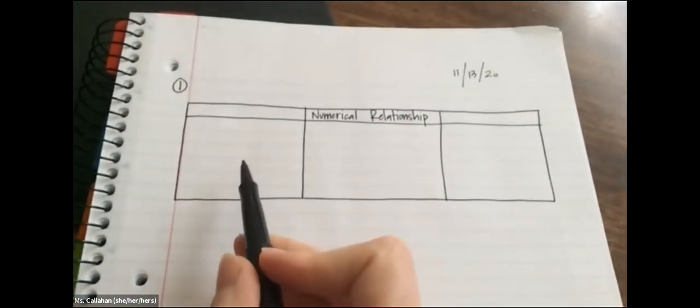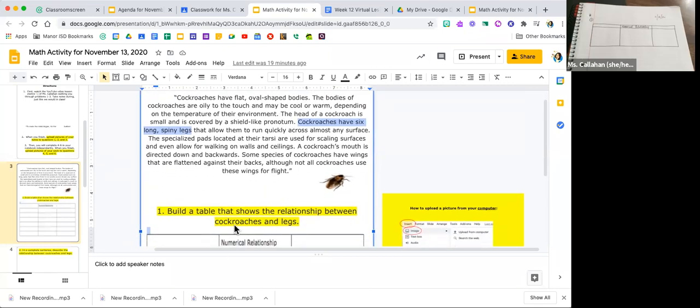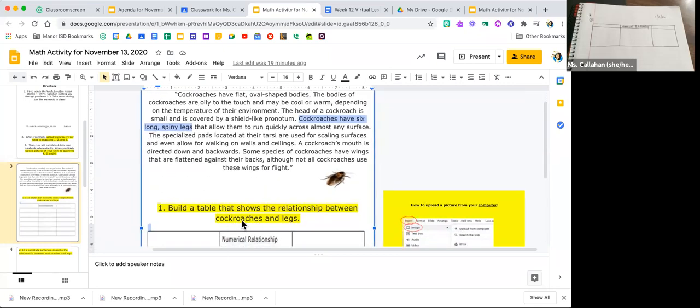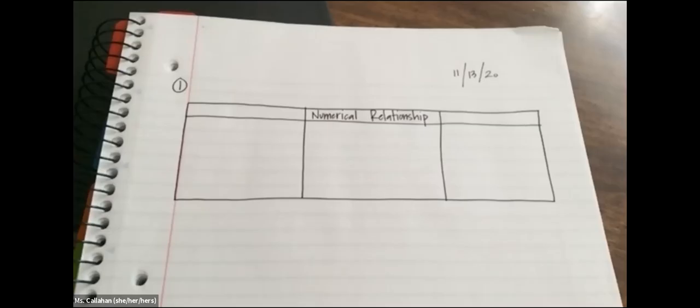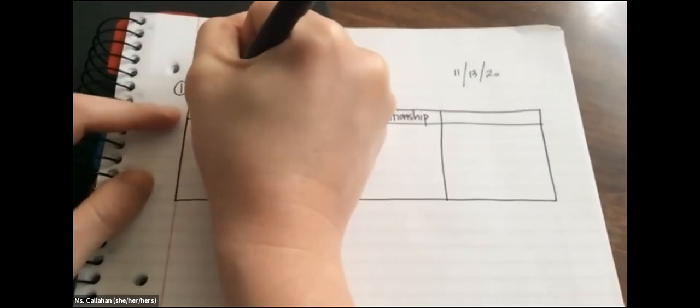Okay, cool. So we already talked about what our input is going to be, and our input is going to be cockroaches, because we're going to find the relationship between cockroaches and legs. Legs are going to be our output. So on the left-hand column, we're going to label it as cockroaches.